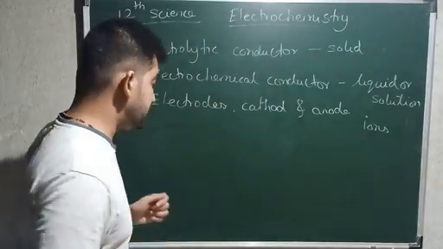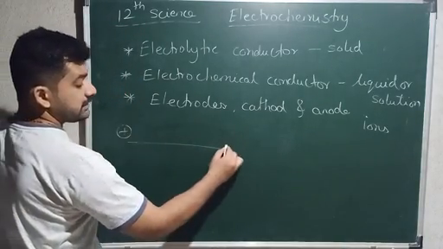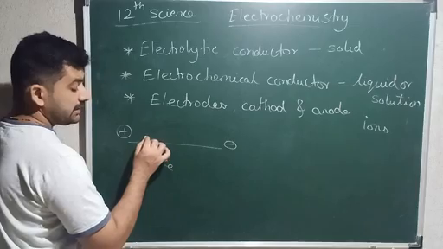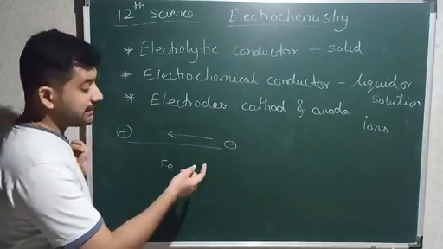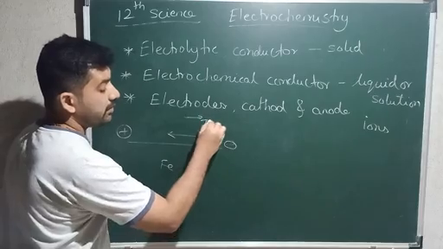When we apply a potential difference, let us say this is a metal, the free electrons present in it will move from one end to another, and as the electrons move, there is transfer of current in the opposite direction.